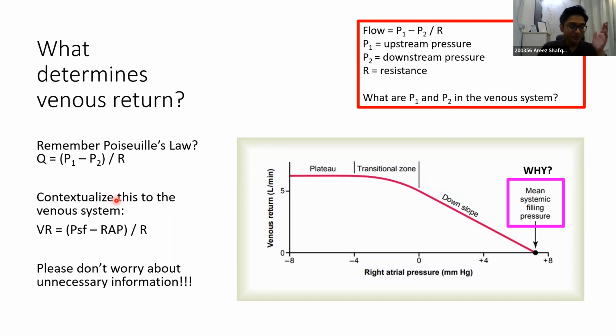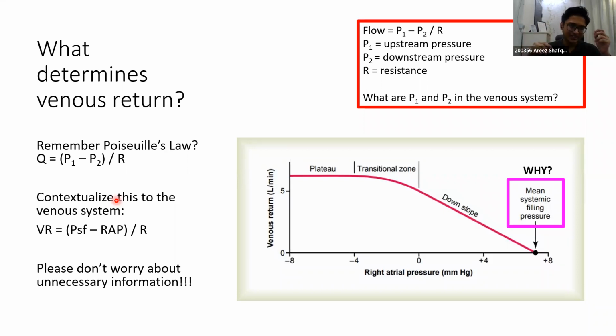Do you agree with me when I say that not all of the blood that you have is in the heart? Because I always have blood in my circulation. If I stop the heart, there's obviously still some blood left in my circulation. This blood in the circulation is pushing against the wall of the vessel, and so it's generating a pressure. That pressure is called mean systemic filling pressure.